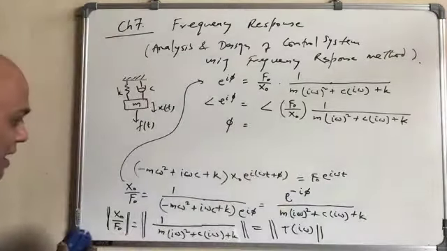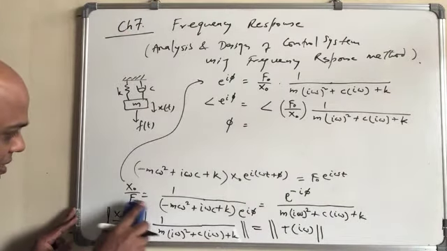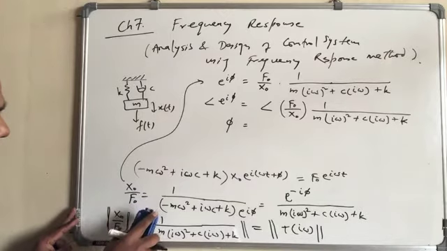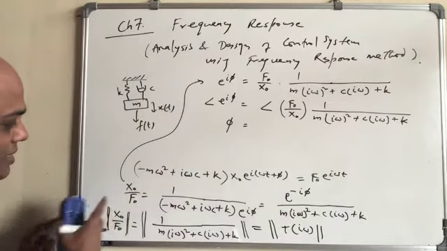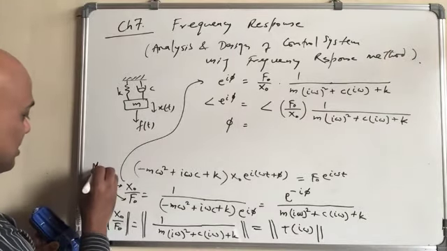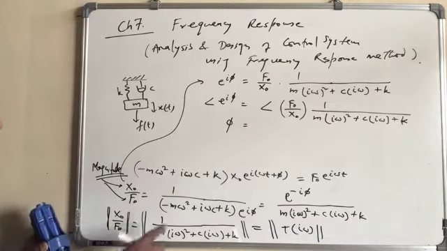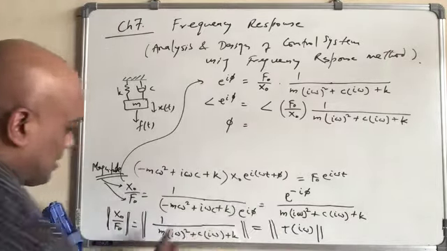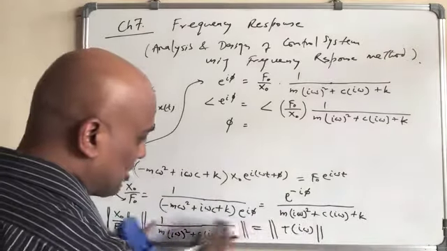So here, in fact, we can also write that x naught and f naught in this case are basically magnitudes. Remember this, they are all magnitudes. Although we are writing like this, actually the meaning is x naught over f naught has to be the magnitude of that.